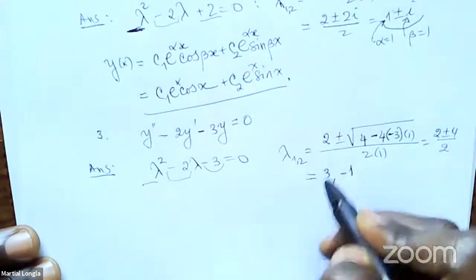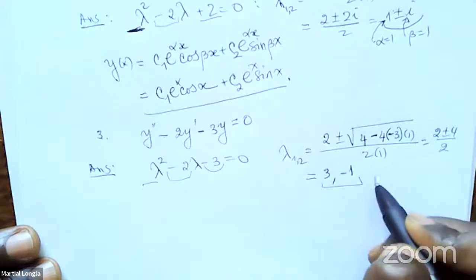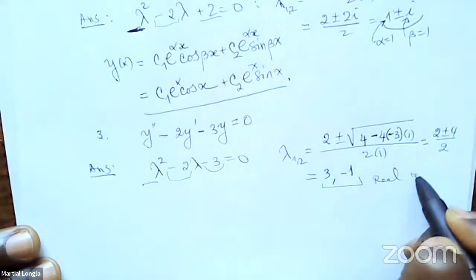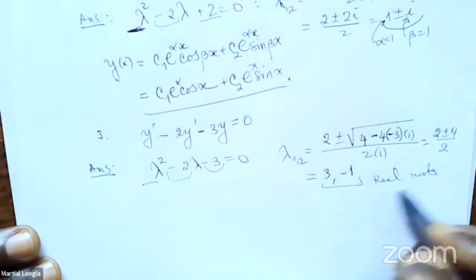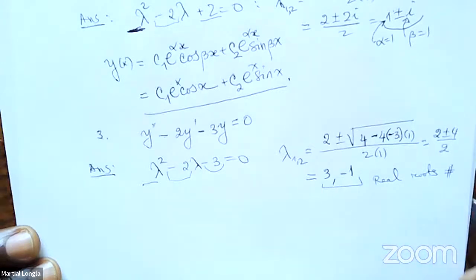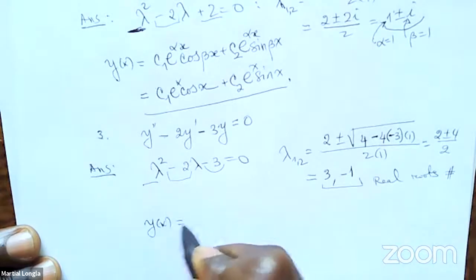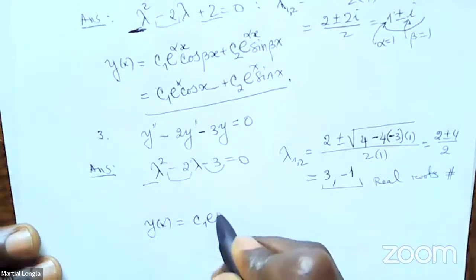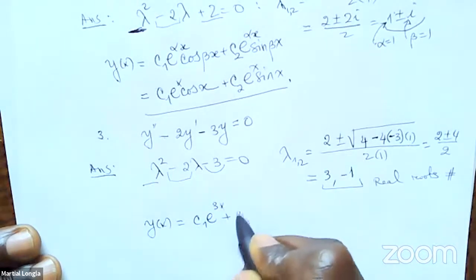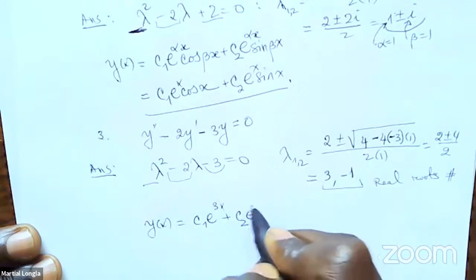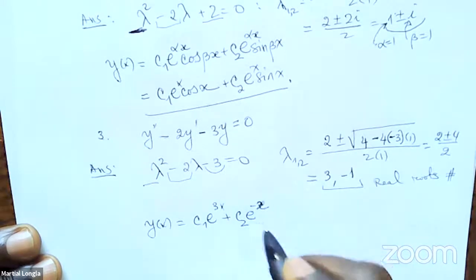That's it. And then you can see we got two roots that are real and different. Therefore, your solution is y of x equals c1 e to the 3x plus c2 e to the minus x.